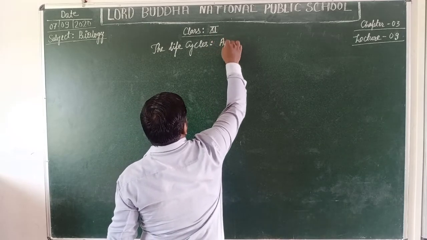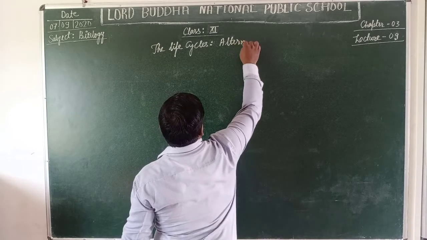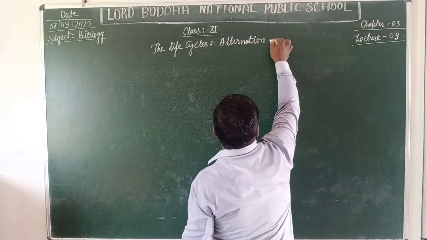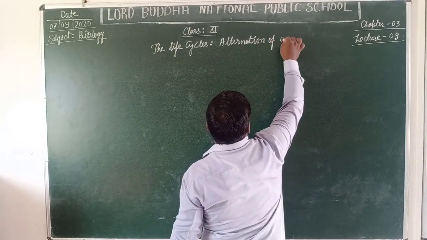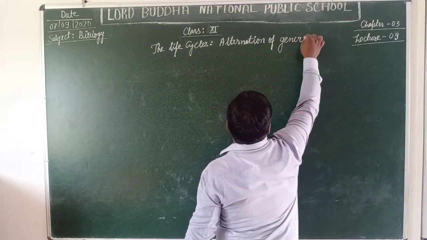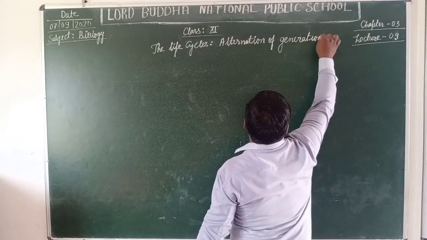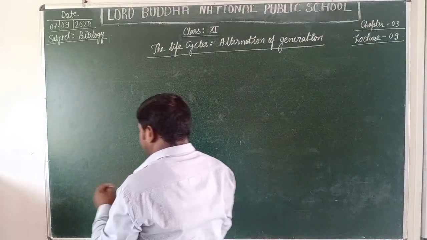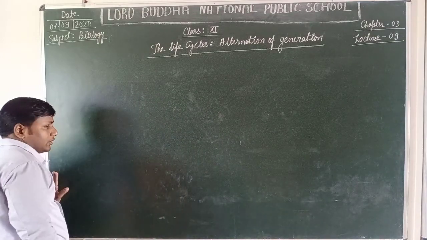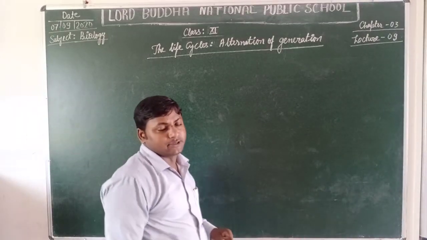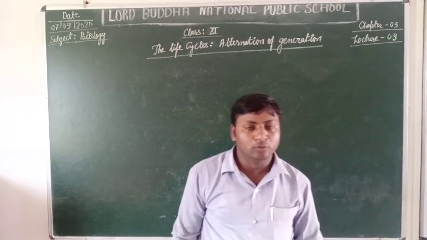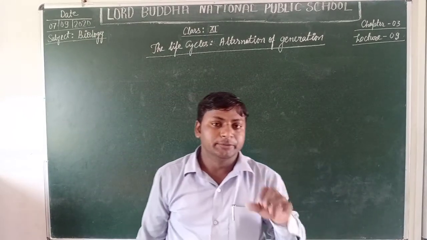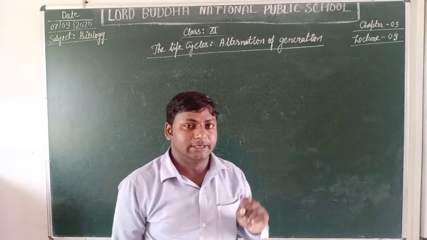Alternation of generation. Students, there are three types of life cycles found in the specific plants of different types. What are these? Let's see.